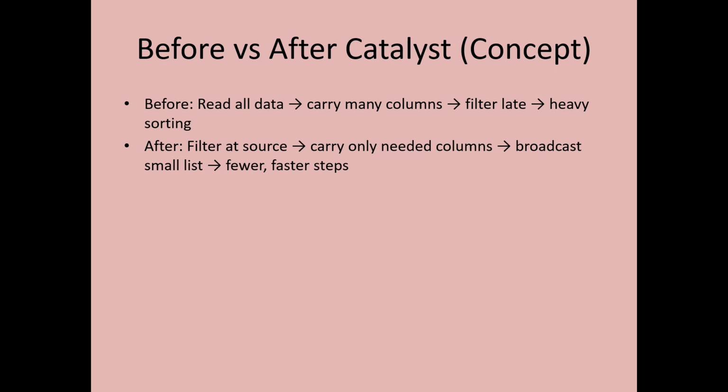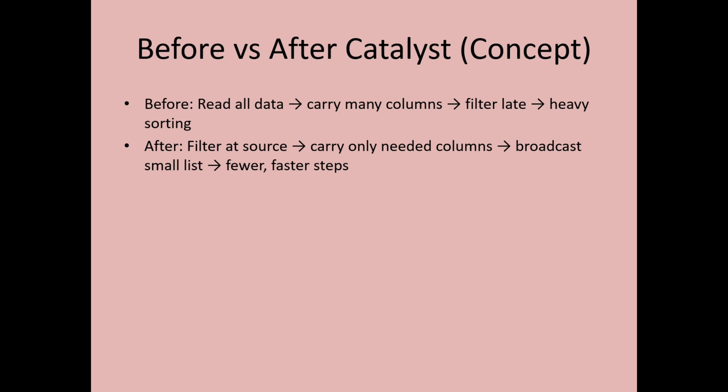So how was the world before Catalyst optimization? I mean, when Spark was version 2. Now it is available from 3, but when it was in version 2, before, it was reading all the data, even if you are using Parquet, but you are not filtering the required columns at the beginning itself. It was reading the whole data, carrying many columns, and filters were not applied immediately.